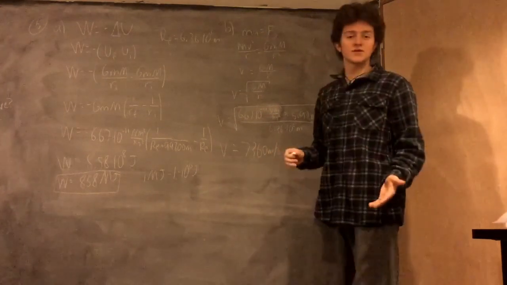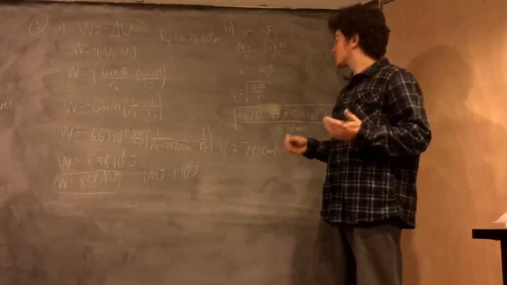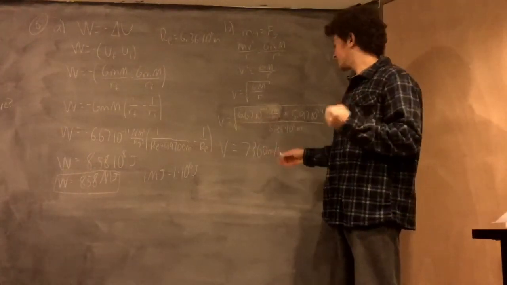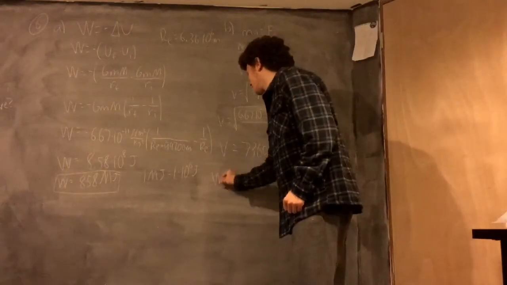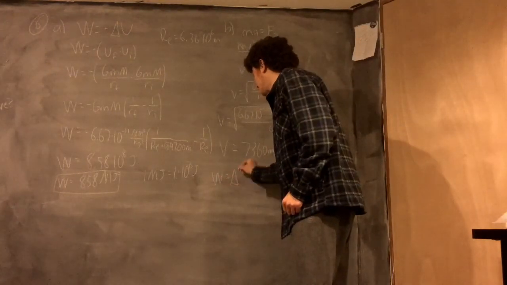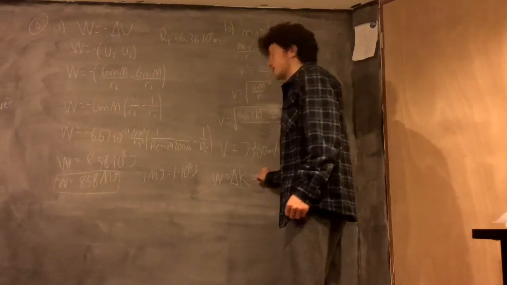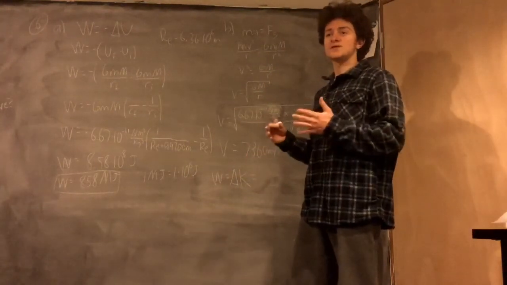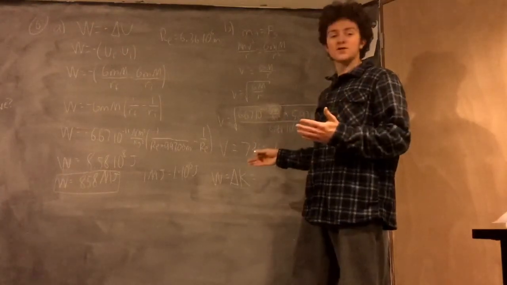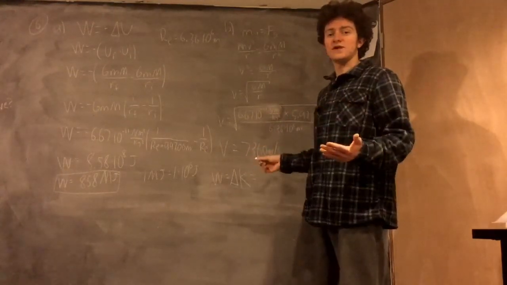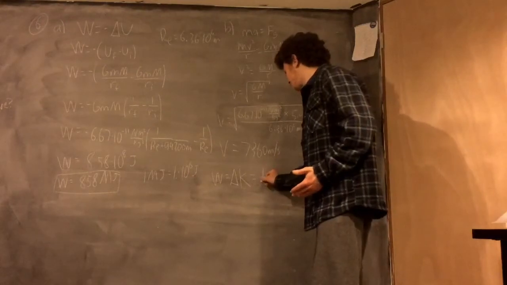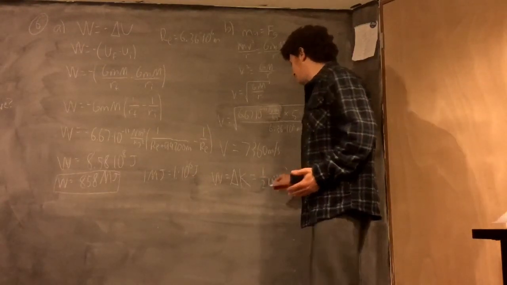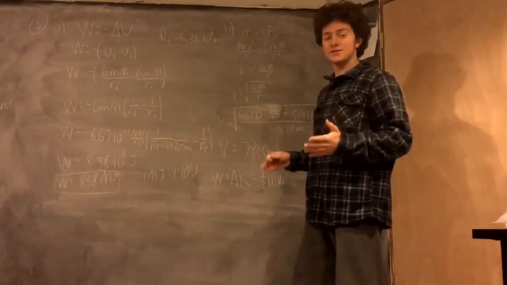But that's not your answer. The problem is how much work is required to get an object from stationary to this velocity. So we know that work is the positive change in kinetic energy. And since the initial kinetic energy is 0 because the object's stationary, the amount of work done is just equal to the final kinetic energy. And here we know the mass. This is not the mass of the Earth.